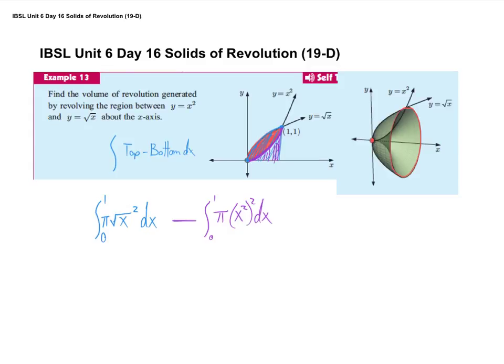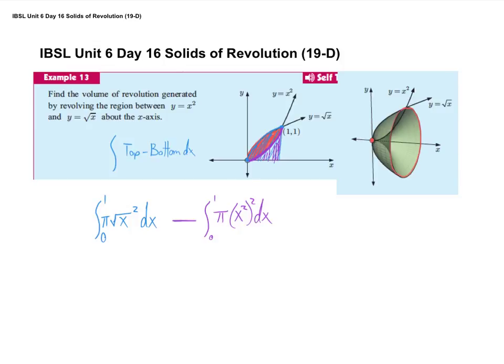Now, I don't even really want to finish this one completely, but I want to use this to develop a formula that's a little bit easier to use, okay? So watch this. Let's look at some of the properties we have for integrals. First of all, I have a constant pi in both of those.